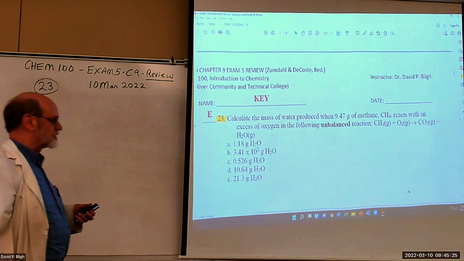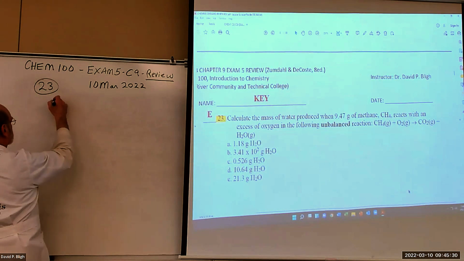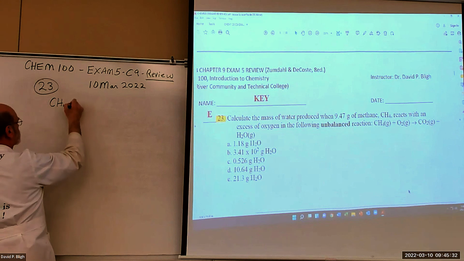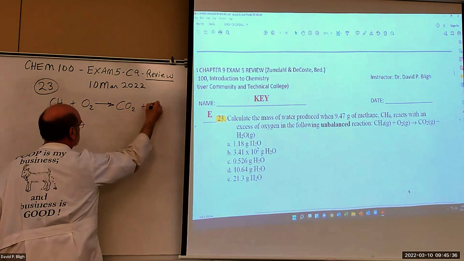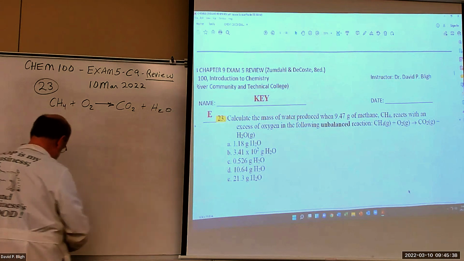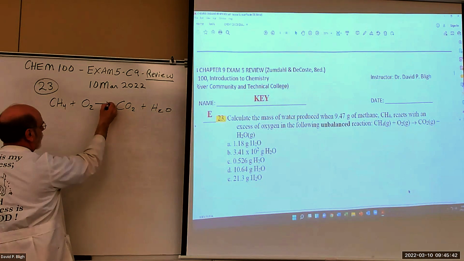Mass of water produced. Okay, so we need to balance this equation. CH4 is methane plus oxygen yields carbon dioxide. That's water. So I leave myself some space here.